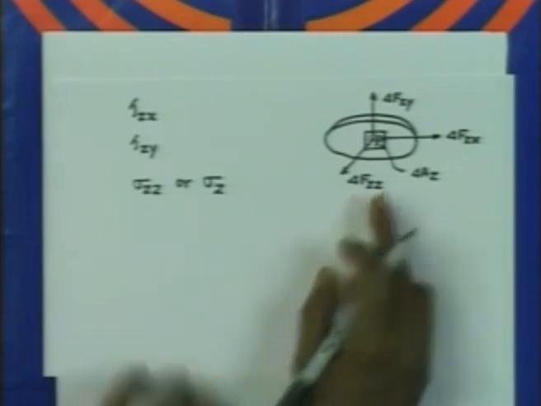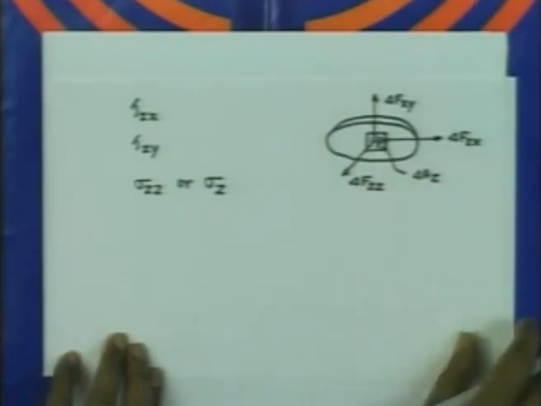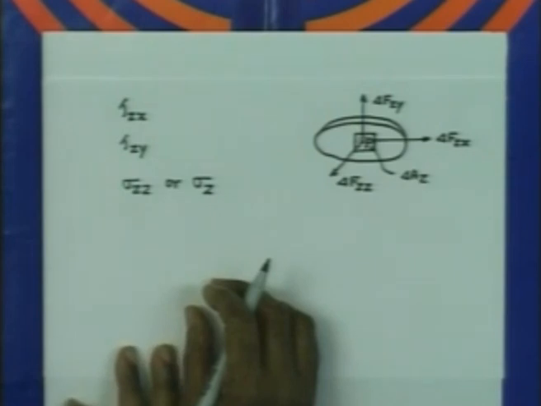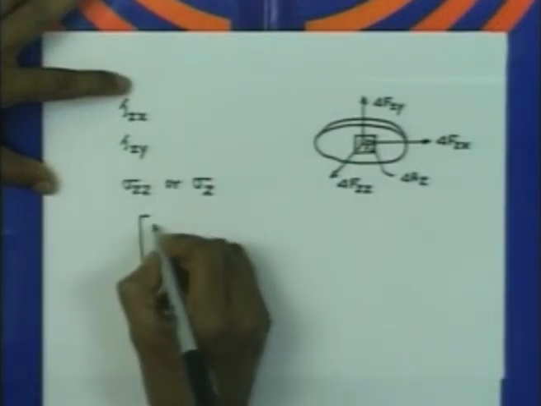So, thus you can have 3 planes passing through the point, and as you calculate the intensity of those internal forces, and as the area is shrunk to 0, we get the stresses at the point P. We have seen that there are 3 planes, and on each of the planes there are 3 stresses. Therefore, we will now have 9 components which we can write at one place.